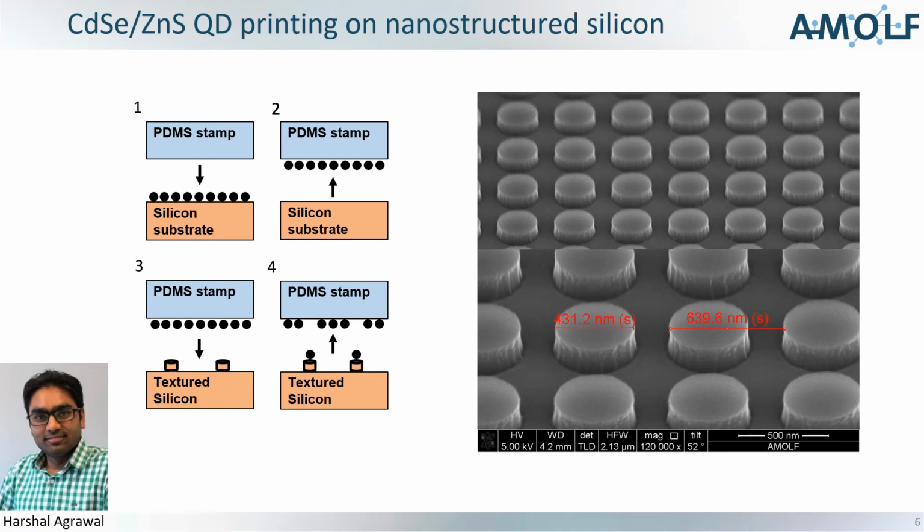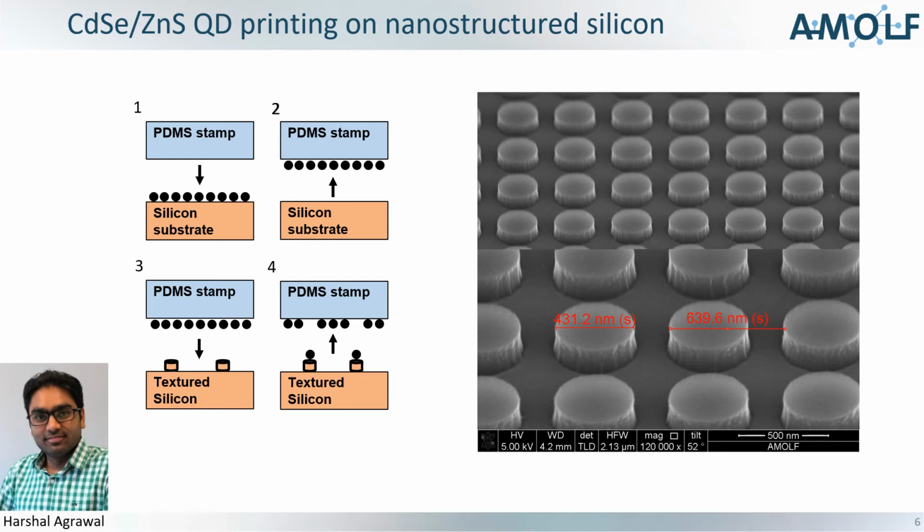That is why from this spin-coated layer on the flat silicon, we pick it up with a PDMS stamp by pressing onto it, and then we move the PDMS stamp to the textured silicon sample and we press it down, and by heating the whole sample, the quantum dots will actually detach and attach to the silicon that it was pressed onto.